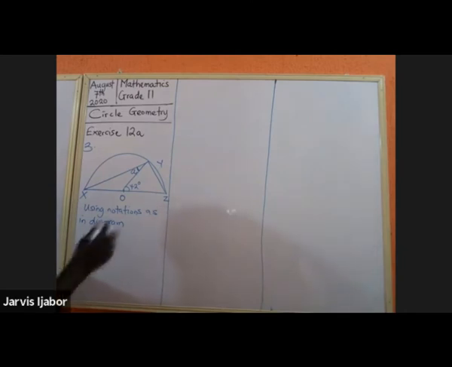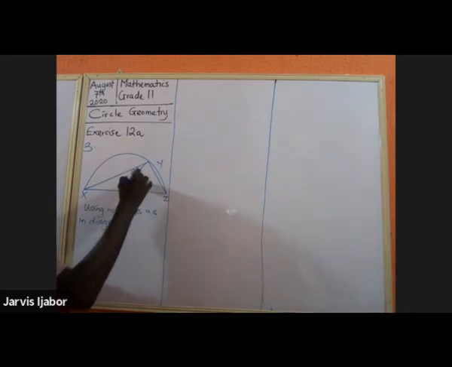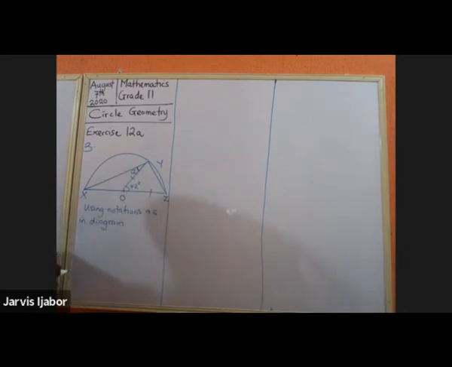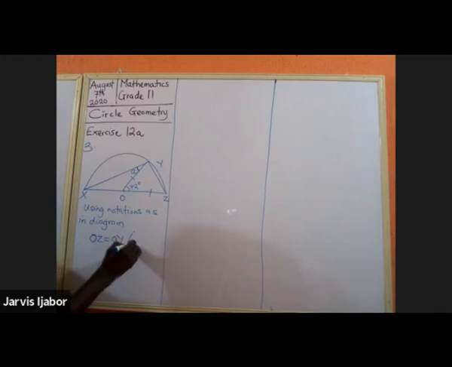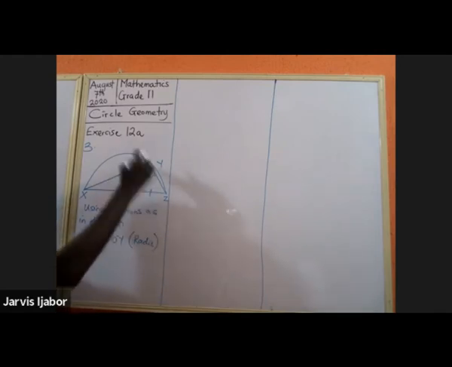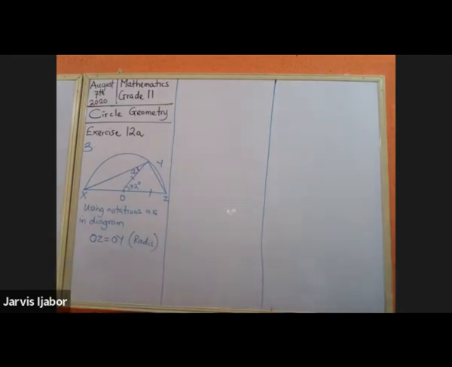This is radius, this is radius. So OZ is equal to OY. Reason, radii. So what you have now is an isosceles triangle.